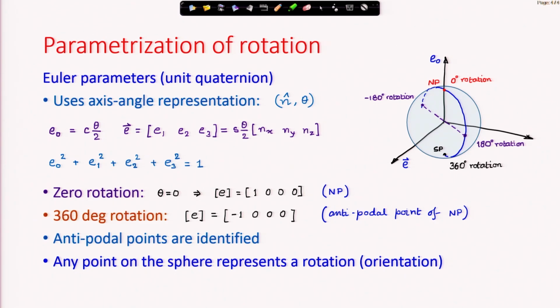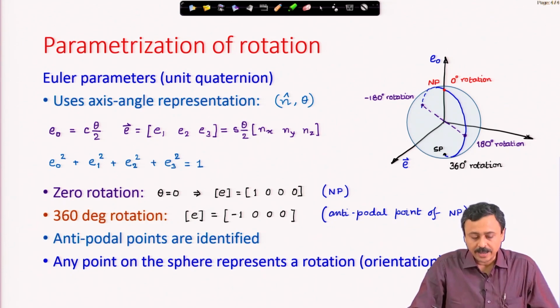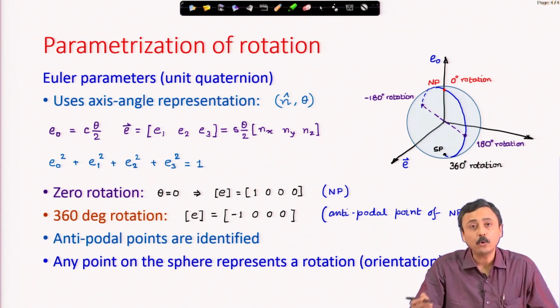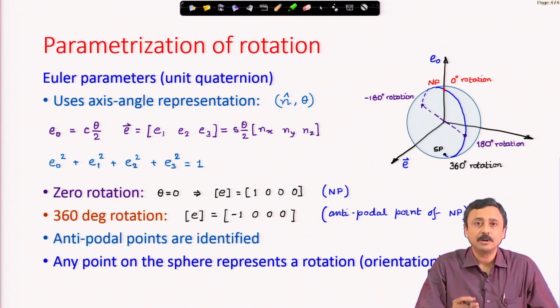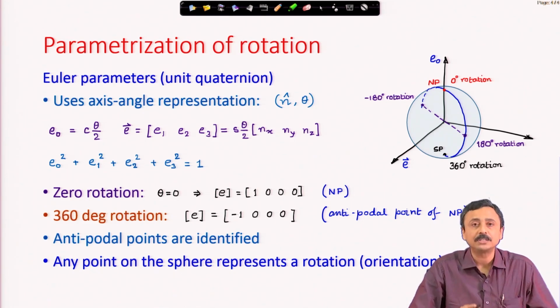Similarly, there must be an origin of the orientation space, and the origin is where the rotation matrix is the identity matrix, and any point on the sphere represents an orientation of the body. Rotation matrices are parametrized by certain parameters like Euler parameters; Euler angles we have seen. We are now looking at Euler parameters, and we have also looked at axis angle parametrization.